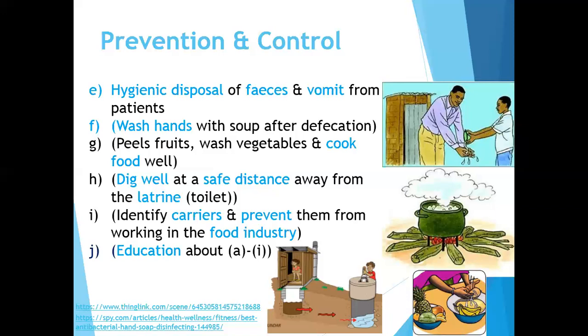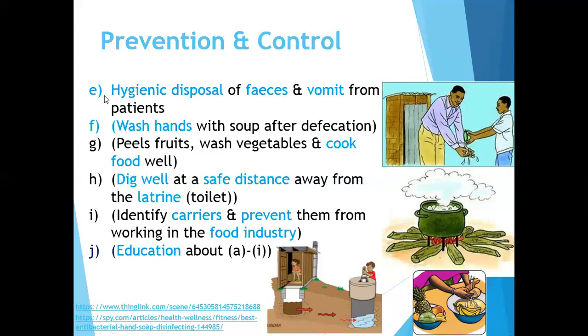So therefore, we have to prevent the contamination of food in the food industry from being passed from an infected person, either through contaminated hands or feces, unlikely feces, but mostly contaminated hands, to the food. Then J, of course, is education. Educate the public in the preventive measures and the control measures.